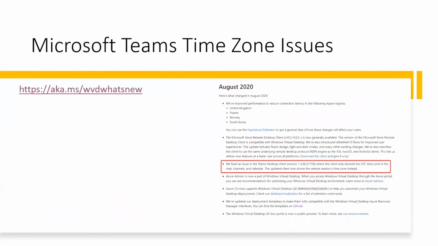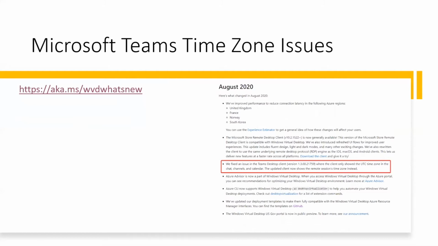As I just mentioned, I already had a lot of customers with issues regarding the Microsoft Teams client in combination with WVD, where it would only show the UTC time zone in the chat, meeting and calendars. With the latest version of the desktop client, Microsoft has fixed this issue.